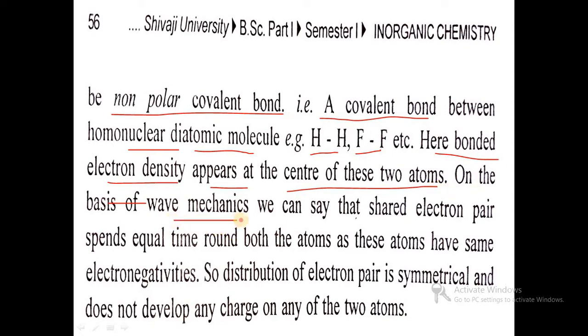On the basis of wave mechanics, we can say that the shared electron pair spends equal time around both atoms, as these atoms have the same electronegativities. So the distribution of the electron pair is symmetrical and does not develop any charge on either atom. That is, the electronegativity difference between the two atoms is almost 0. So these are non-polar covalent bonds.